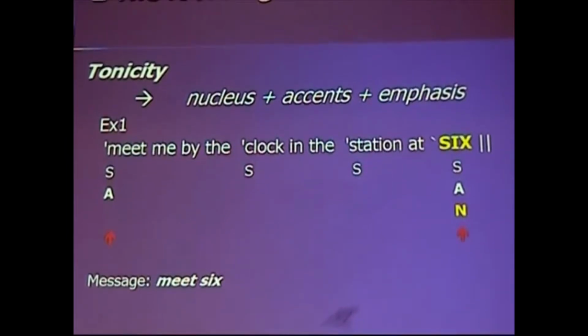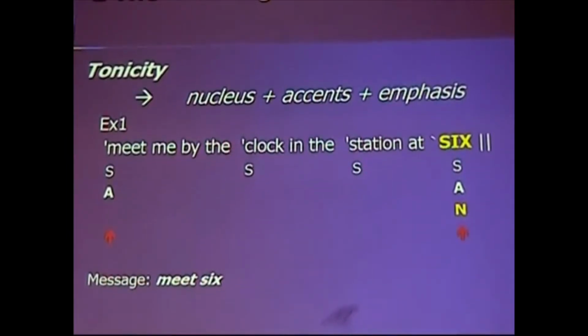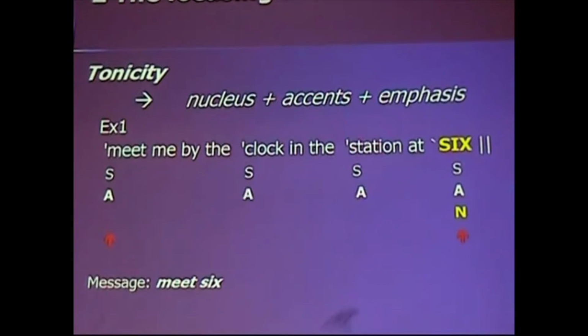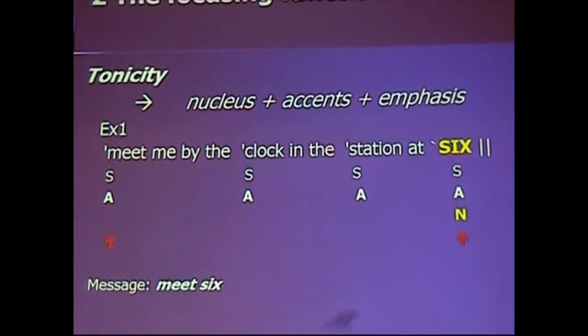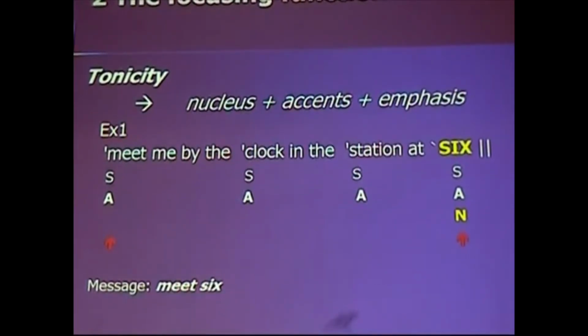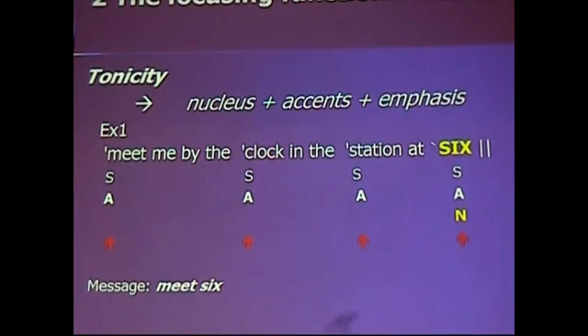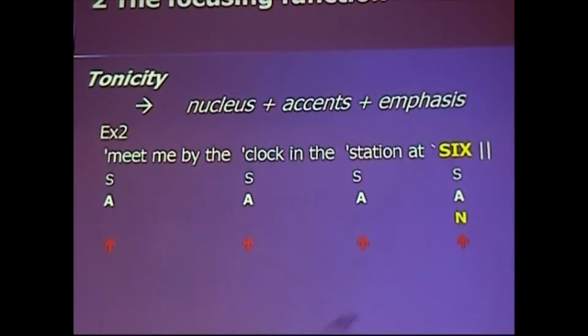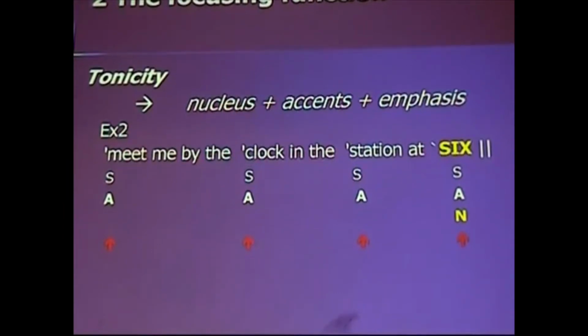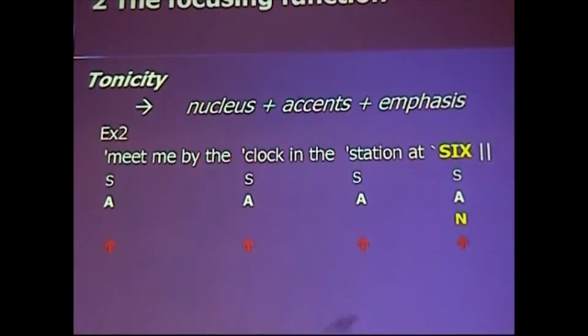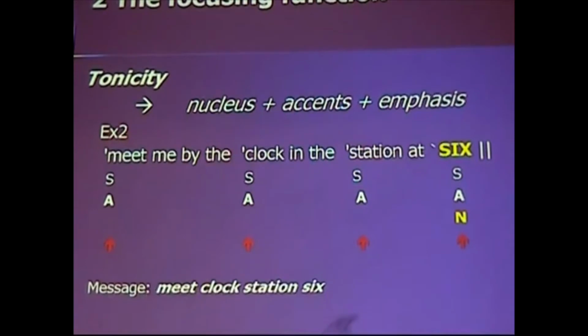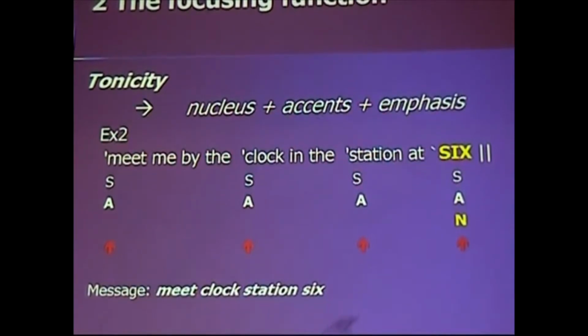And by changing the type of prominence on those syllables, I've now got 4 accents, 4 points of focus, and all the information will be put across. Meet, clock, station, 6. Okay.